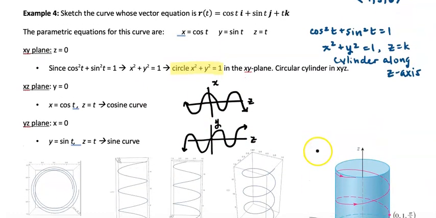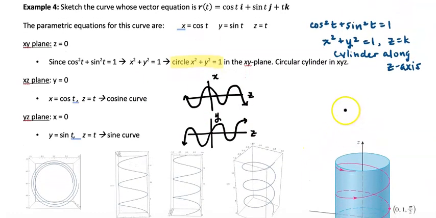So in this case, for the purposes of this class, we're not really going to be sketching, we're just going to be matching a model of a 3-dimensional surface with the parametrized or non-parametrized equations. So just recognizing that this cosine and sine really just means that this goes around a cylinder.